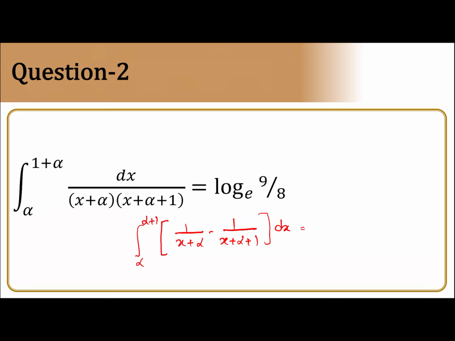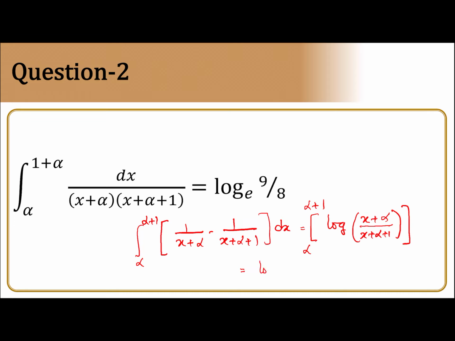Perfect. So it is clearly alpha to alpha plus 1. I am writing directly because you all know x plus alpha by x plus alpha plus 1 is this one. Now we have to substitute these values, upper limit minus lower limit.